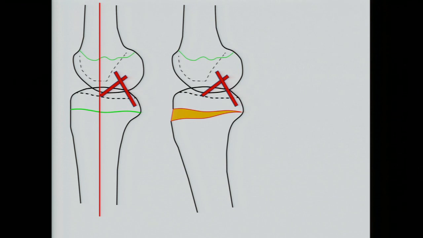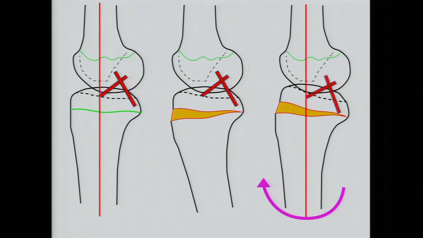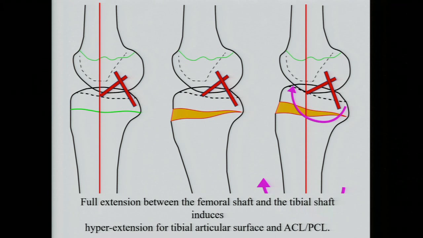The tibia has the larger posterior slope, which means that from the point of the tibial condyle, the tibial shaft tilts posteriorly. It's not full extension. So if you set the femur and the tibia in full extension, you can see the tibial condyle, the tibial articular surface and the cruciate ligaments are hyperextended.